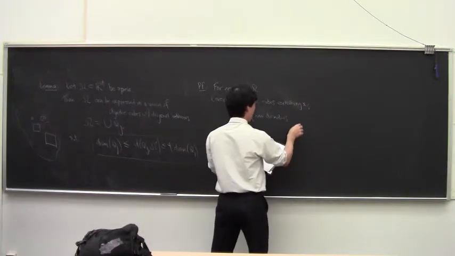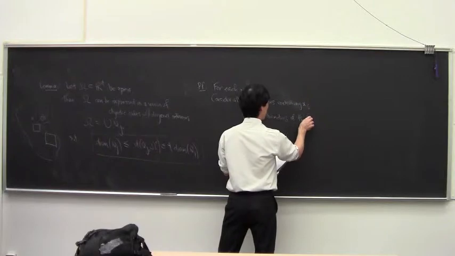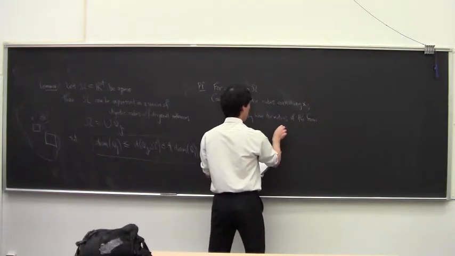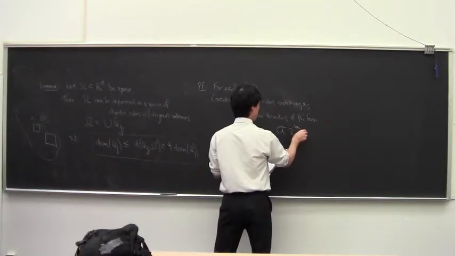They have diameters of the form root d times 2 to the minus k.